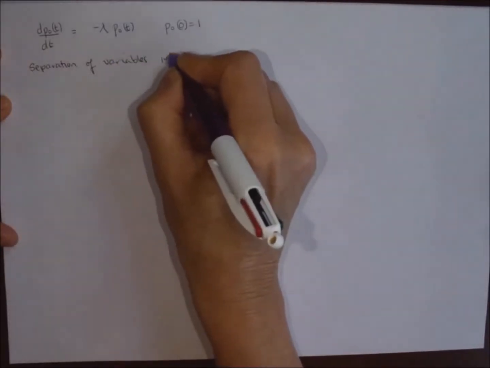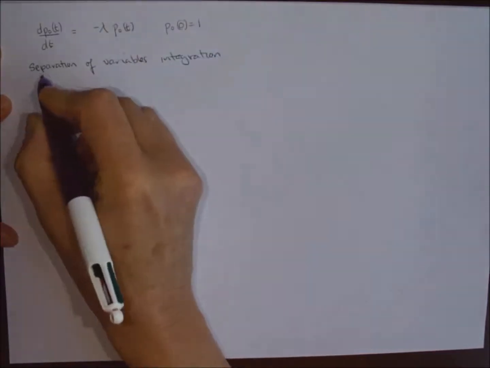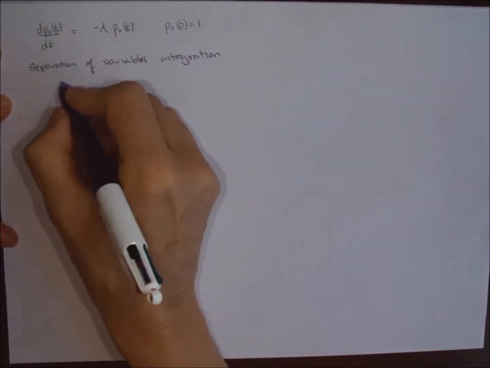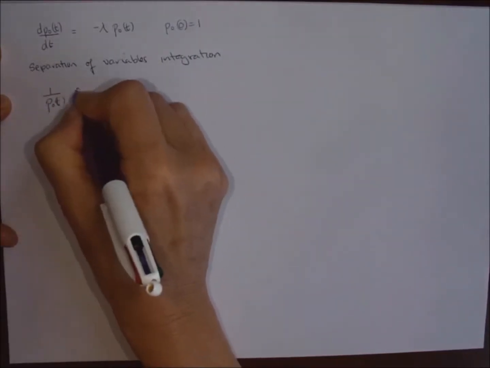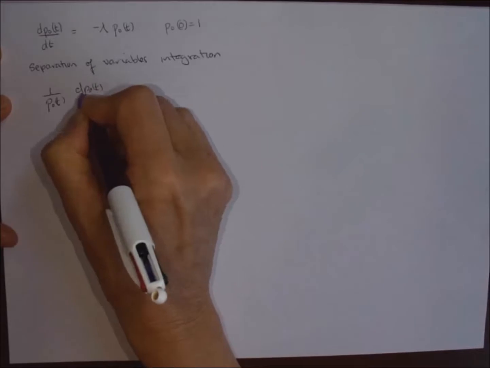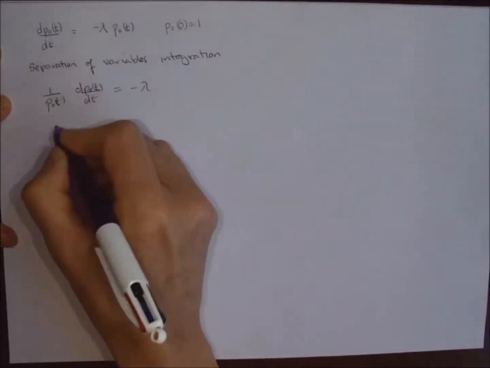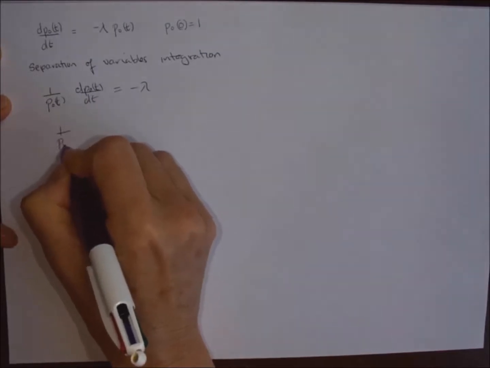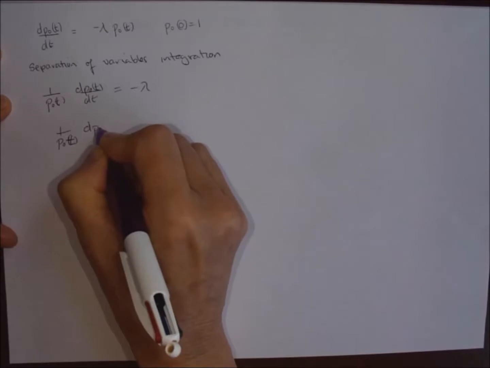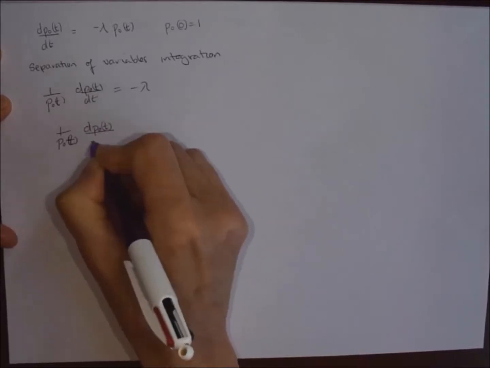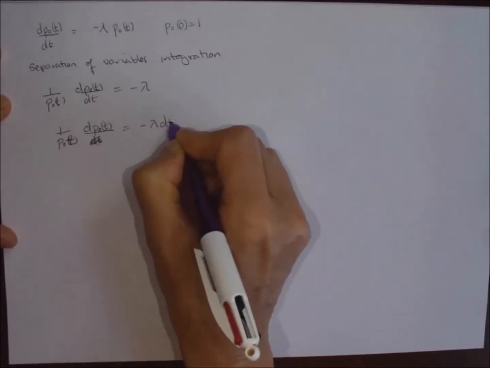So if I bring the p0 across and divide, it'll be 1 over p0(t) times dp0(t)/dt equals minus lambda. Bring the dt up and we'll have 1 over p0(t) dp0(t) equals minus lambda dt.